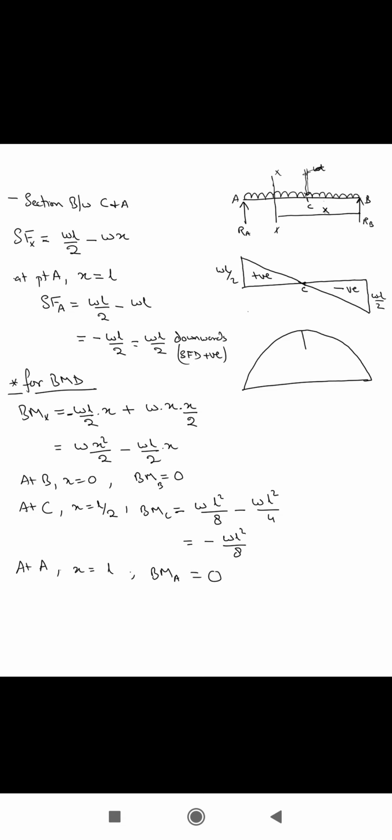So this is point C, and at both the ends, B and A, we have a value 0, and this over here will be WL square by 8. So this is the positive value. So this is the SFD and BMD for this particular case.